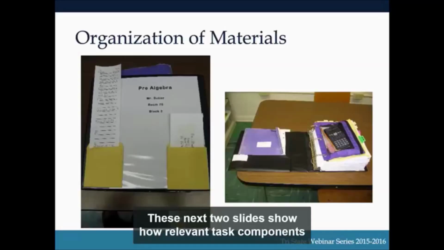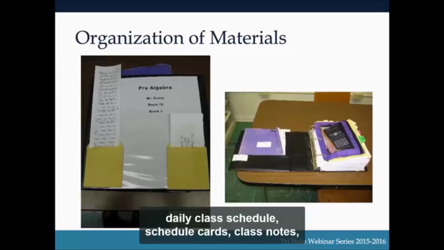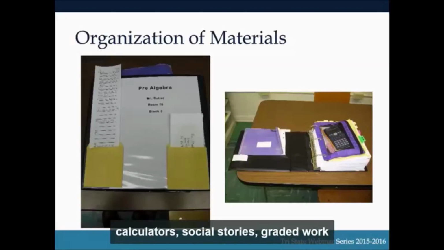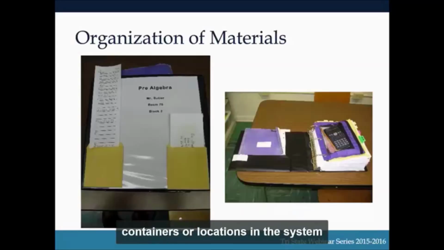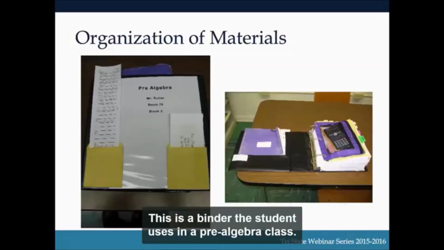These next two slides show how relevant task components, daily class schedule, schedule cards, class notes, calculators, social stories, graded work, and task analysis are placed into designated containers or locations in the system to help reduce distractions. This is a binder the student uses in a pre-algebra class.